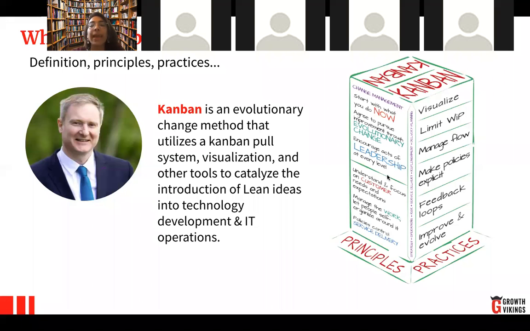Yes, and it's founded on acts of leadership at every level. Okay. So it's not only led by the product owner, the Scrum Master, the Agile coach, or the developer team. No. Kanban says that for Kanban to work, it requires acts of leadership at every stage. Okay, so there's a big difference there.